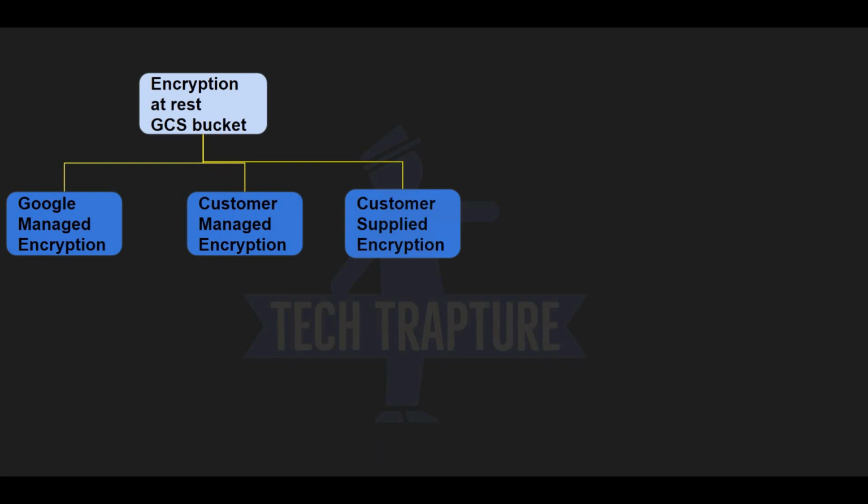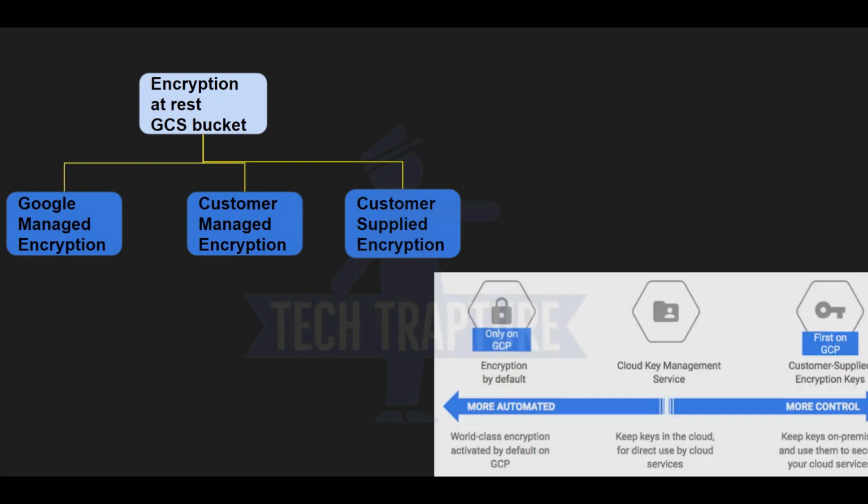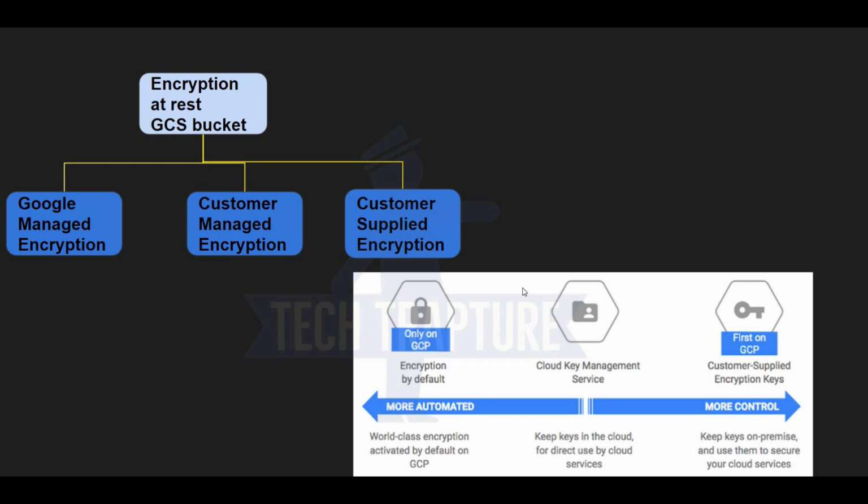Whenever we are encrypting the data stored in a Google Cloud Storage bucket, there are three different ways. First, Google managed encryption, which is applied by default on all the data we store in Google Cloud. Second is customer managed encryption, and third is customer supplied encryption. What is the difference between these three? With encryption by default, that is Google managed encryption, you don't need to do anything.